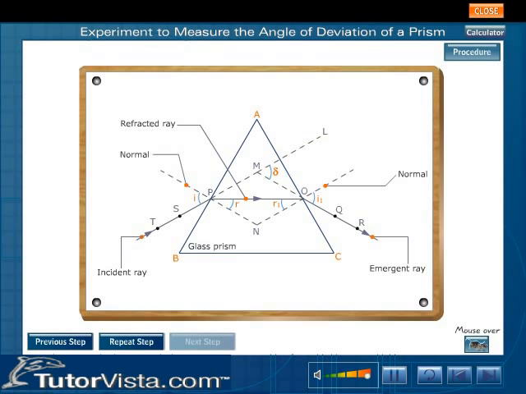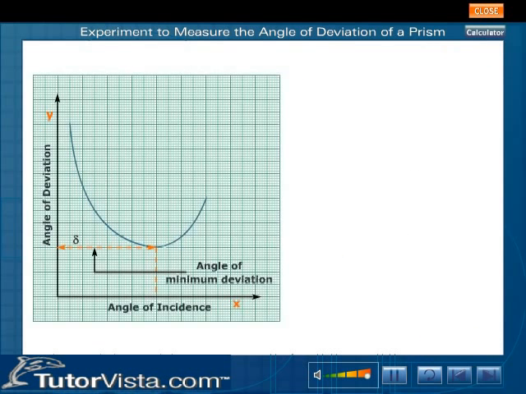By measuring the angle of deviation for various angles of incidence, we can determine the angle of minimum deviation and refractive index of the prism. The shape of the graph obtained by plotting angle of incidence along x-axis and angle of deviation on the y-axis shows that for a particular angle of incidence, the angle of deviation is least.